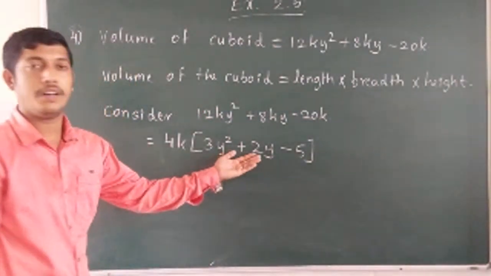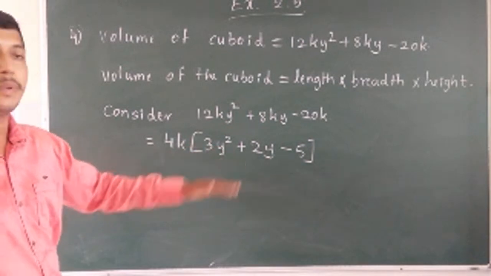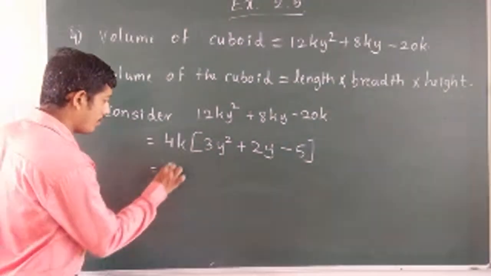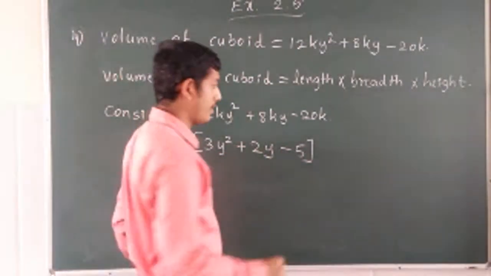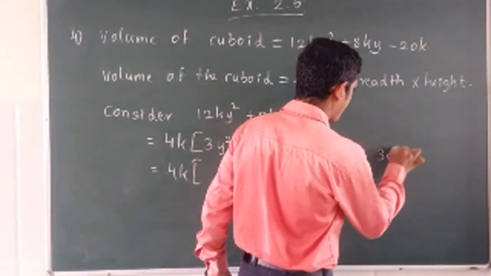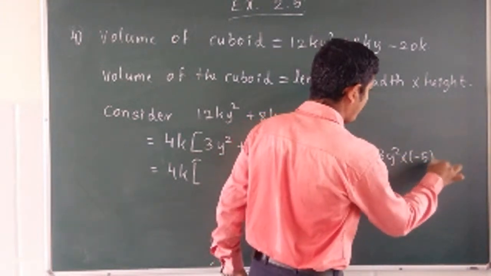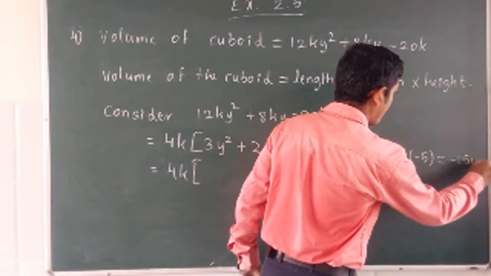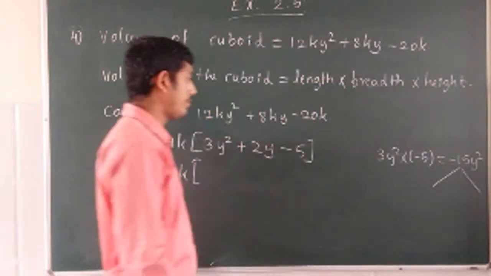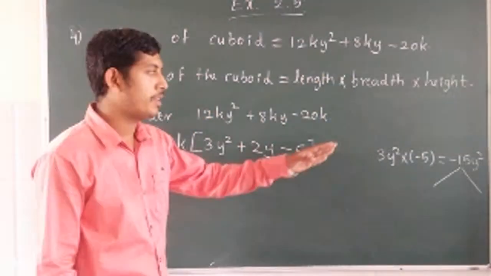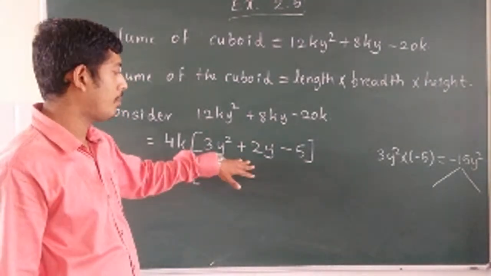Now this is in the quadratic form. Now we have to split the middle term. So it becomes 4k into, we have to multiply first and last. So it becomes 3y square into minus 5, which is minus 15y square. The product must give minus 15y square and the sum must give 2y.